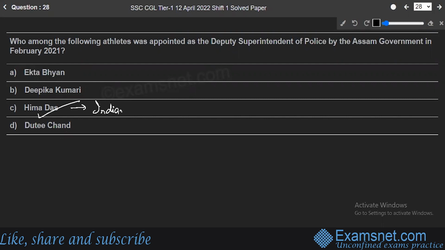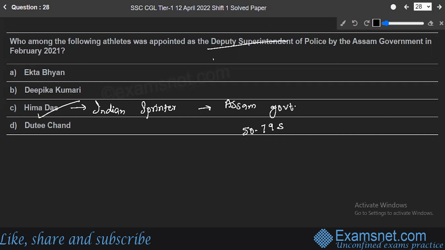Indian sprinter Hima Das was appointed by the Assam government as Deputy Superintendent of Police. In 400 meters with a timing of 50.79 seconds, she holds the new Indian national record that she clocked at 2018 Asian Games in Jakarta, Indonesia.